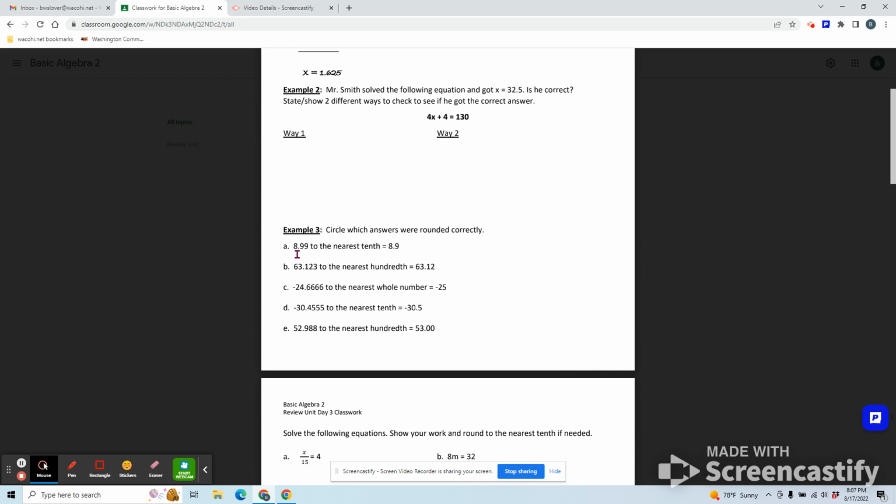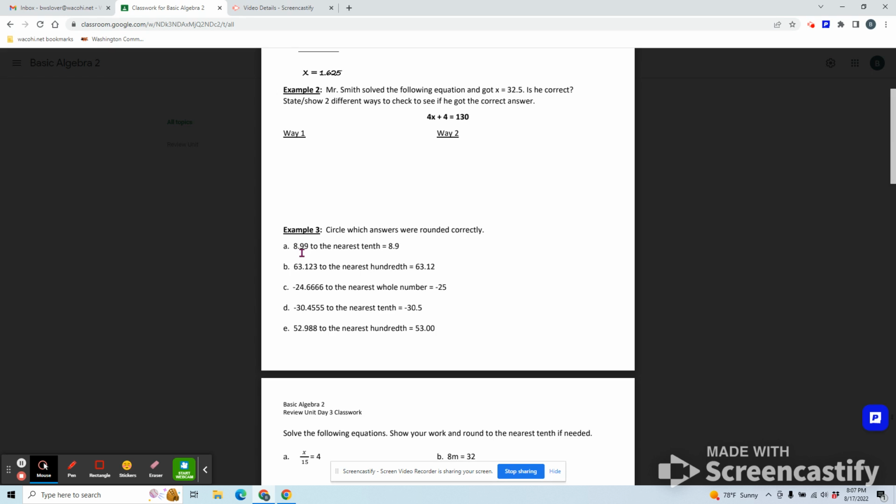So it says 8.99 to the nearest tenth equals 8.9. So nearest tenth, I remember, is 1 decimal place. Well, there is 1 decimal place, but the question is, was it rounded correctly? So 8.99. So the first, right here where my cursor is, that first 9 is my tenths.